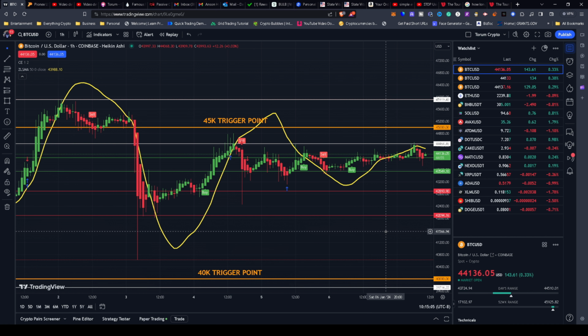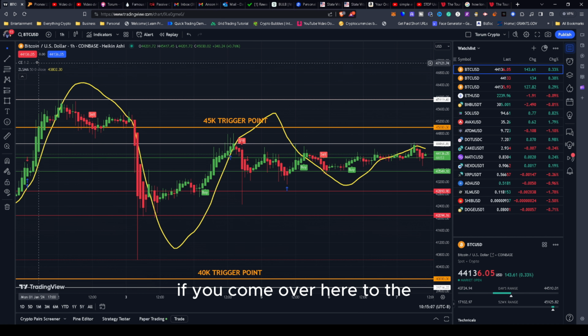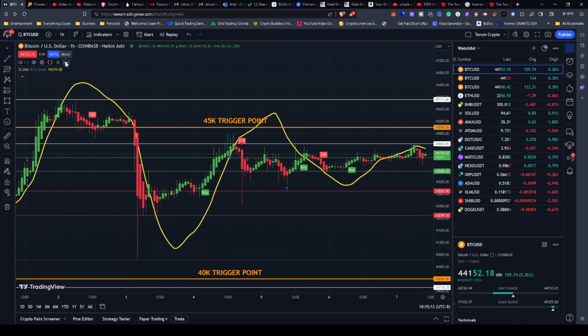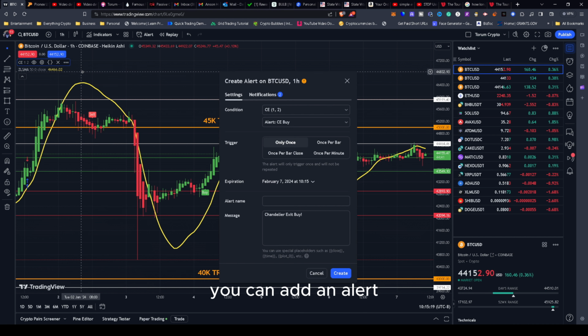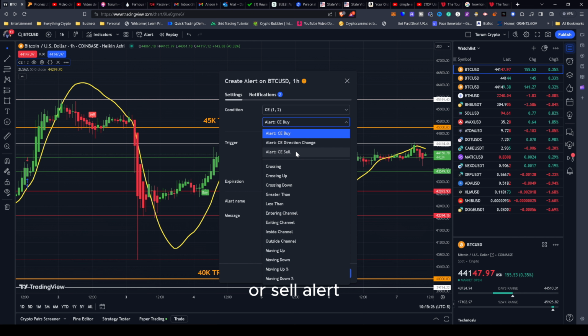Also, if you come over here to the chandelier exit and you press on those three little dots right there, you can add an alert. You can add a buy or a sell alert. What you want to do is add both.